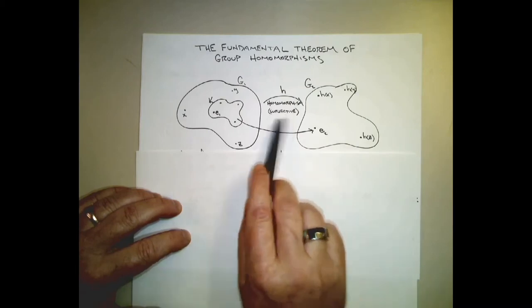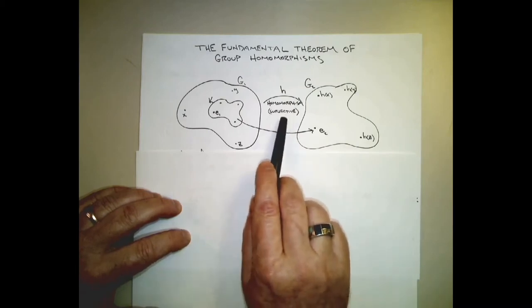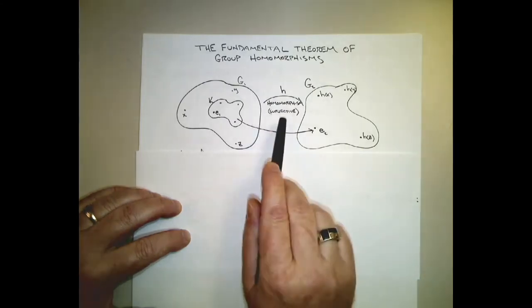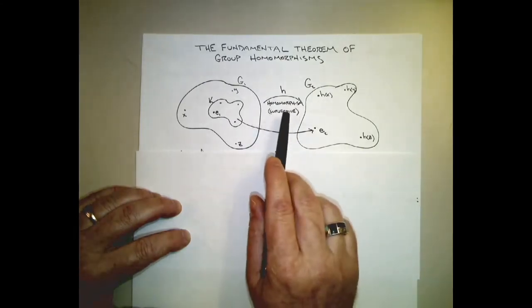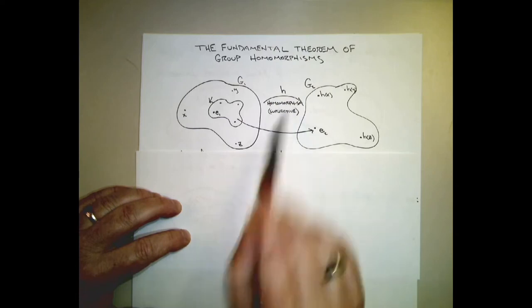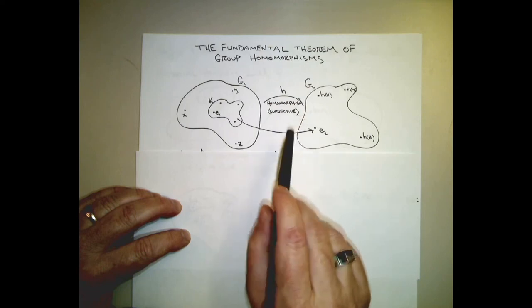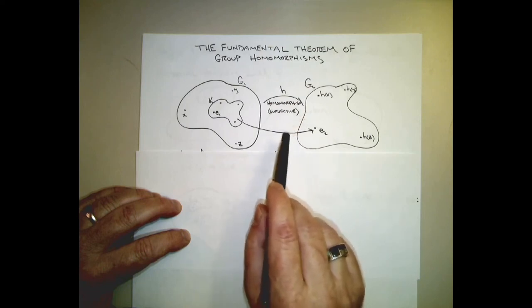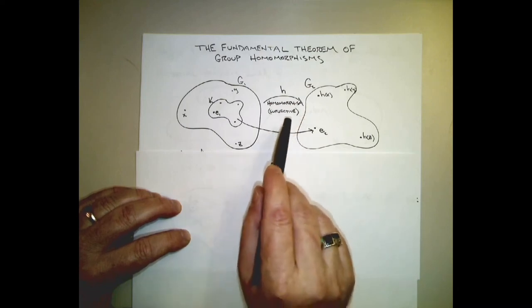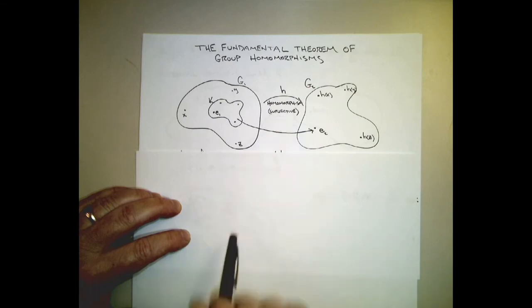For convenience, we're going to assume that the homomorphism is surjective. If it weren't, what we would focus on is the range of the homomorphism anyway. So just to make things a little bit cleaner, we will assume from the outset that our homomorphism is a surjective one.